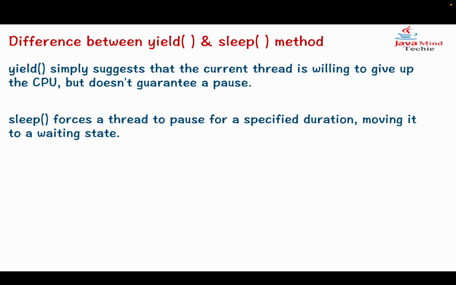But the sleep method is not like that. The sleep method forces a thread to pause or hold for a specific duration of time, moving it to the waiting state. That is the exact difference between yield and sleep method in multi-threading.